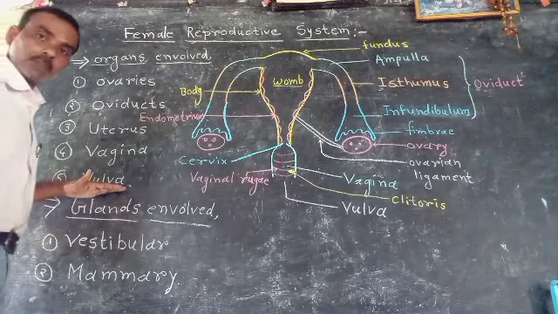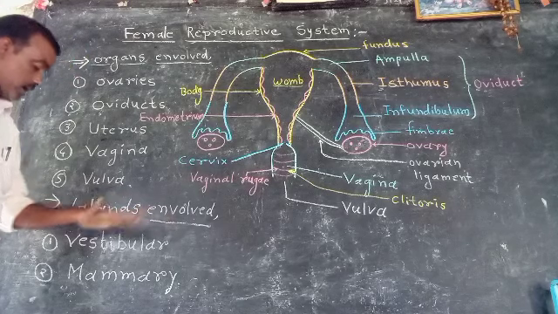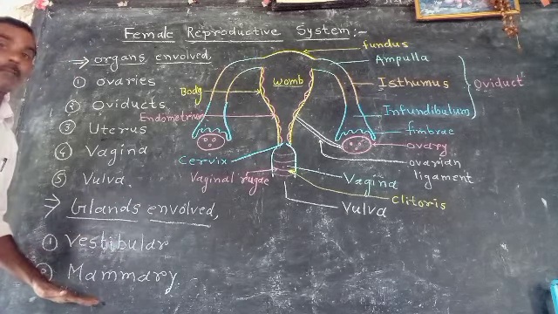Here the organs are completed. Now the glands involved are the vestibular gland and the mammary gland.